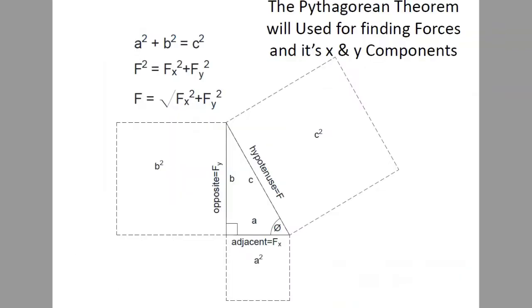Here's a reminder of what the Pythagorean theorem looks like when finding forces and their x and y components. The opposite side is Fy to the angle theta, the adjacent side is Fx to the angle theta, and the long leg, or the hypotenuse, would be the force.